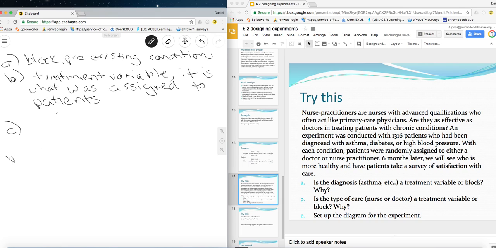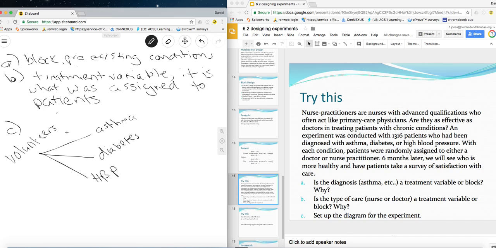All right, so we have volunteers. And we are going to block by the 3 conditions. So our 3 conditions, once again, were asthma, diabetes, and then high blood pressure.